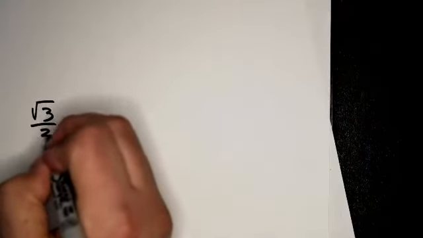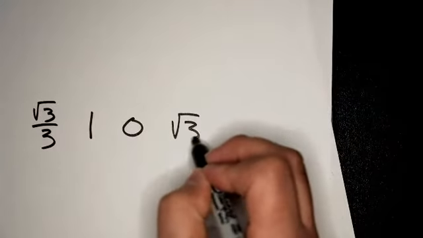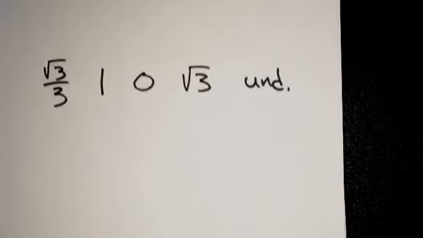When we're talking about tangent values on the unit circle, you basically have 5 options. You can have root 3 over 3, you can have 1, you can have 0, you can have root 3, and you can have undefined. Those are your options for tangent going around the unit circle.